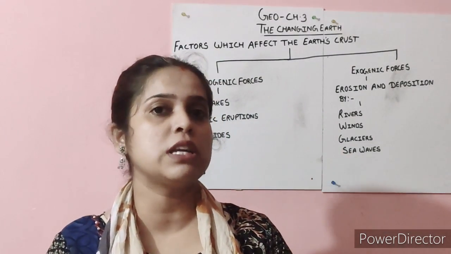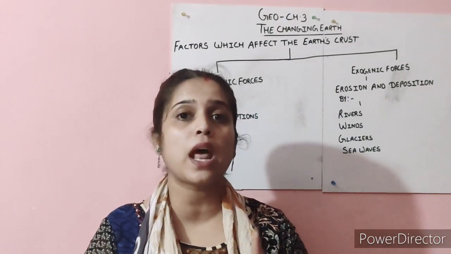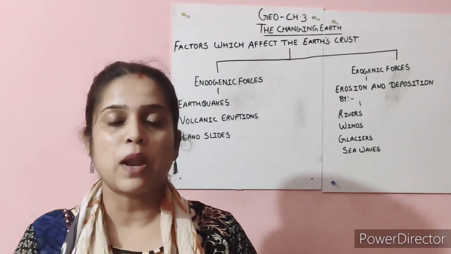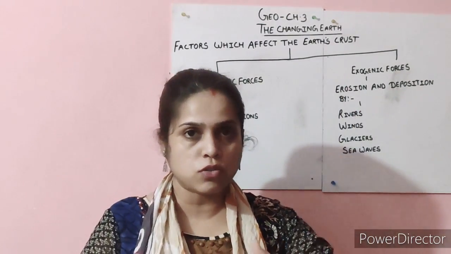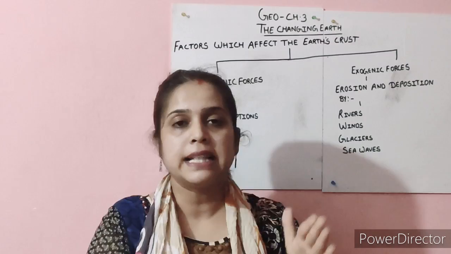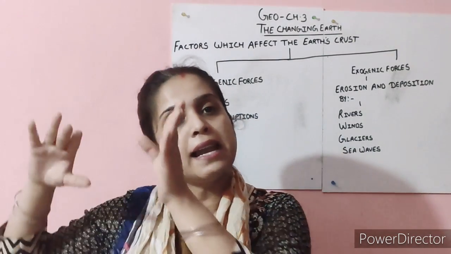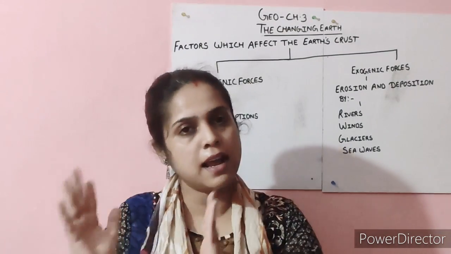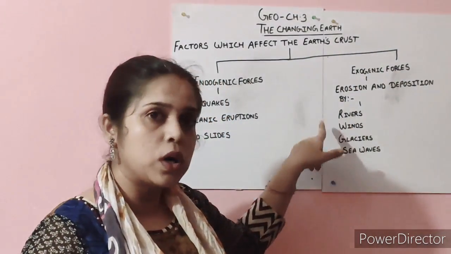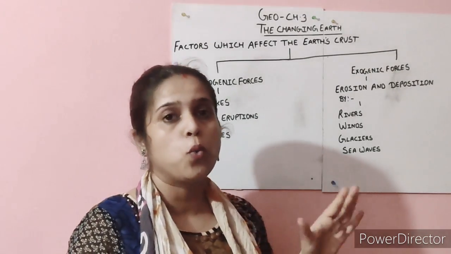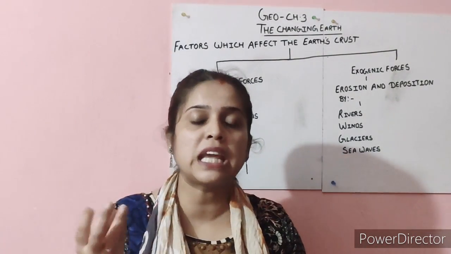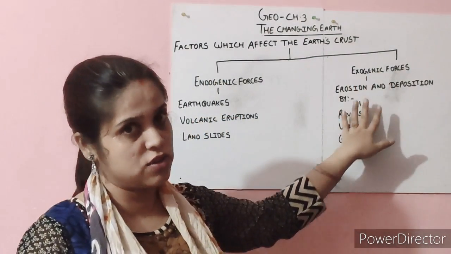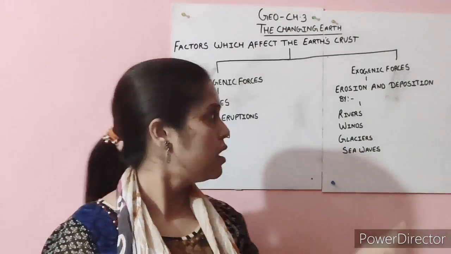Erosion and deposition I have already told you when I was teaching you sedimentary rocks. Do you remember that? The loose soil that is carried away and deposited somewhere is a part of erosion and deposition. So all the work of these four things which result in building up of some relief features are called exogenic forces. Understood?